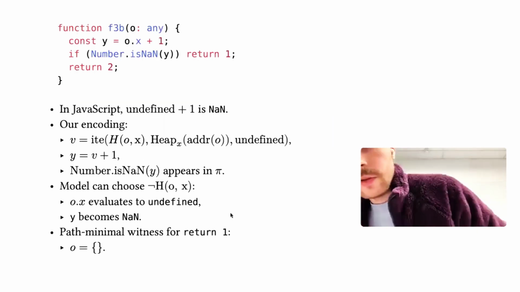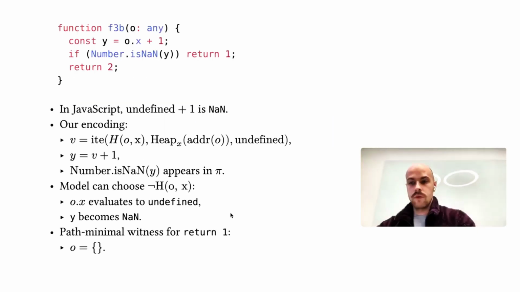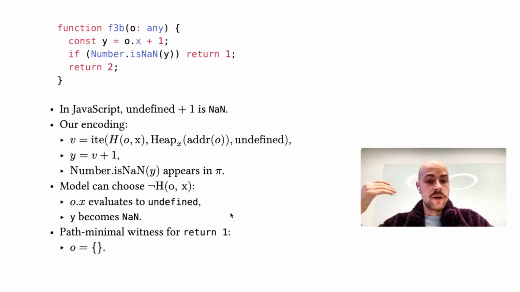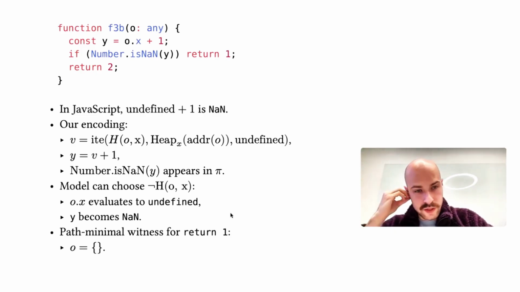The next one is a bit more wordy, a bit more complicated. So we have some type coercion and checks for NaN. In JavaScript, undefined + 1 is NaN. What does it mean? That means that to satisfy the first path of the branch, actually, we don't need to create any NaN values, any objects, complicated structure, any fields.